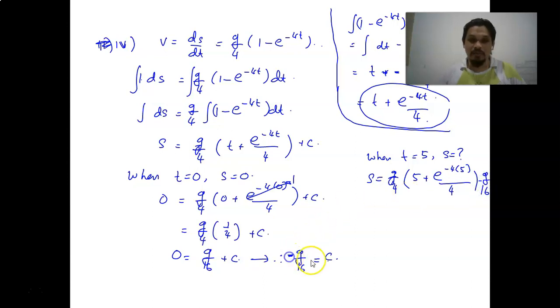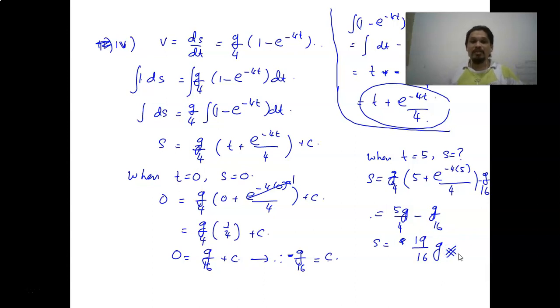Okay, so we come out with 5g divided by 4 minus g divided by 16. Then s equals 19 over 16 g. Okay, so that is the solution for question example 2.